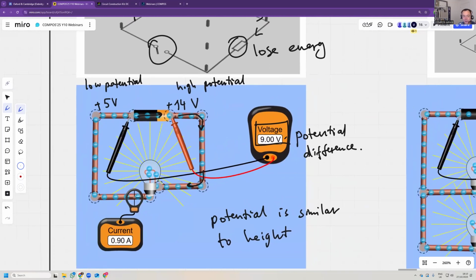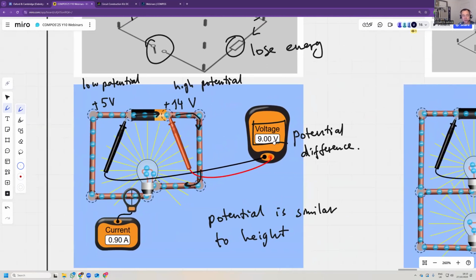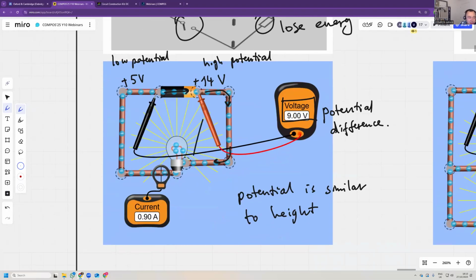So the potential difference is 9 volts. The voltage is the potential difference. So electrons get energy in the battery. If they use up that energy, so they still have plus 14 volts, and here they have plus 5 volts. So they lose 9 volts as they go through the lamp. They use up that energy. They go back to the battery to get more, and this cycle repeats.